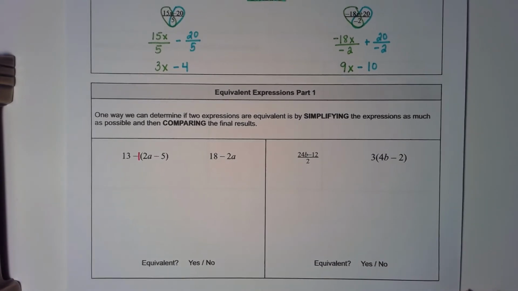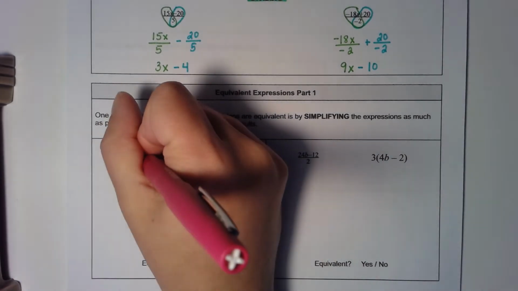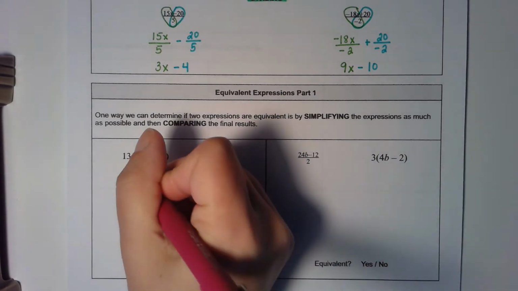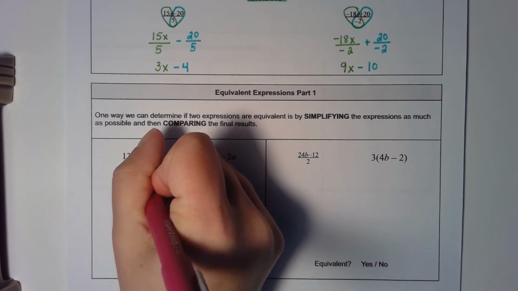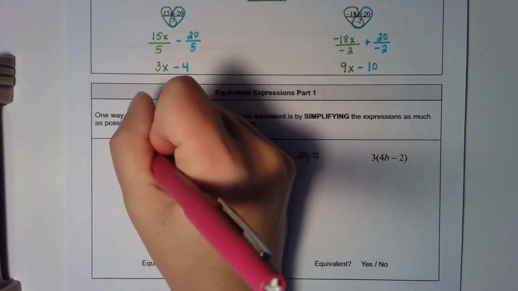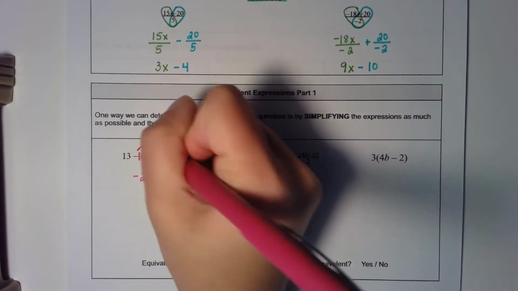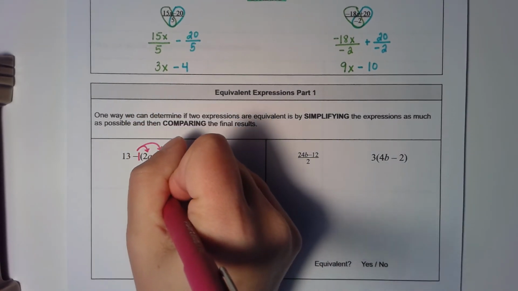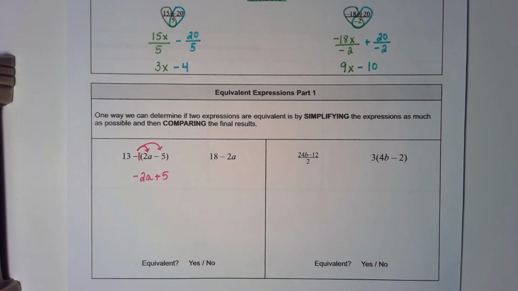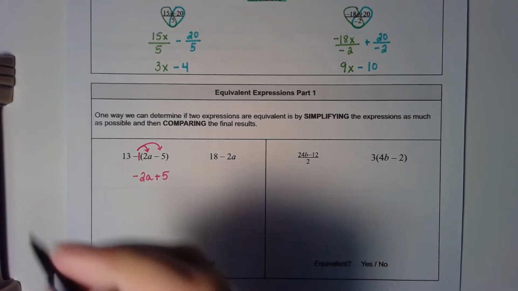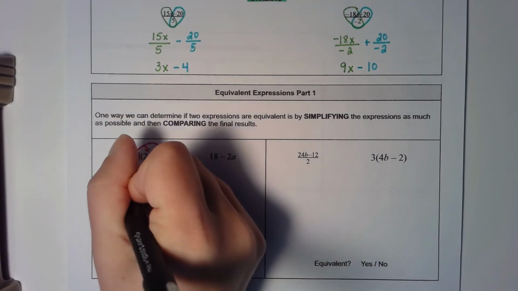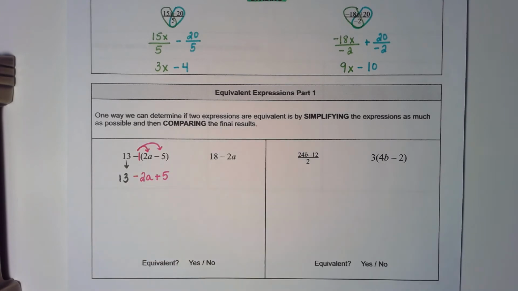Now, based on the way that this looks, I'm going to start with distributing. So I'm going to distribute the -1 to the 2, which means I get -2a. And then I'm going to distribute the -1 to the -5, which means I get +5. Now this 13 over here is just kind of hanging out. So I'm just going to drop it down and not change it.